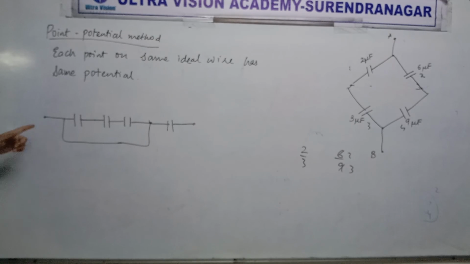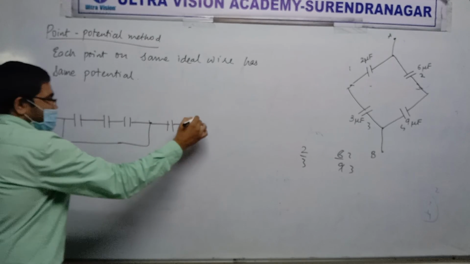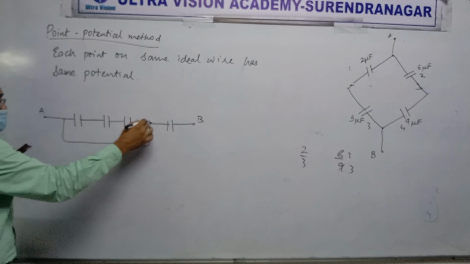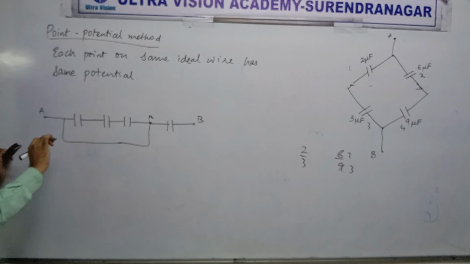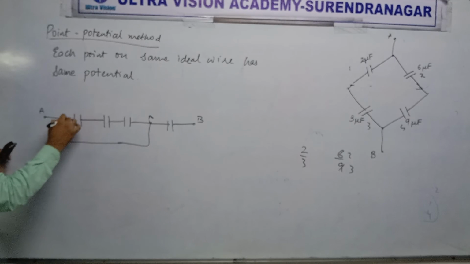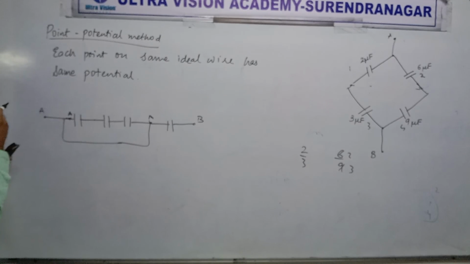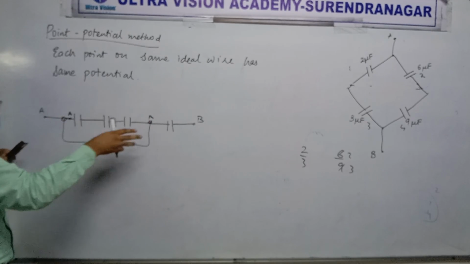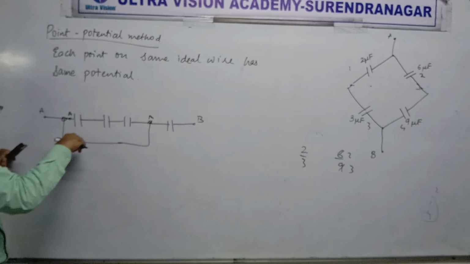We want to find the equivalent capacitance between A and B. Wherever the wire goes, that's A. Like this you keep marking points. Do you realize that from here to here, everything is between A and A only?